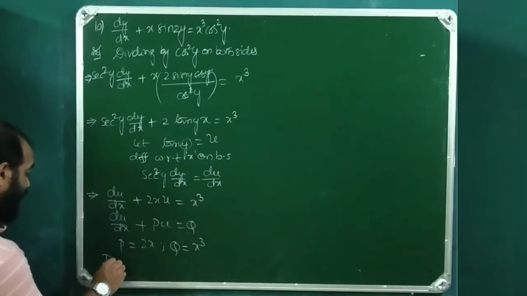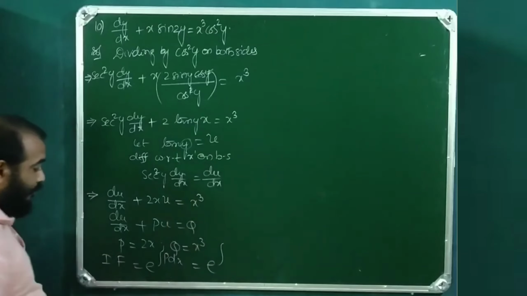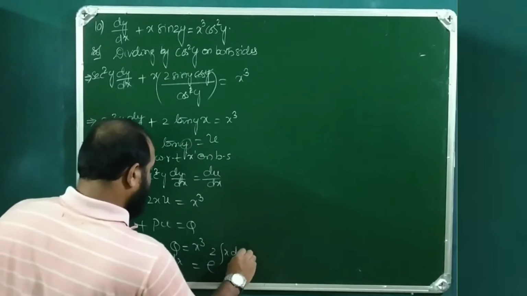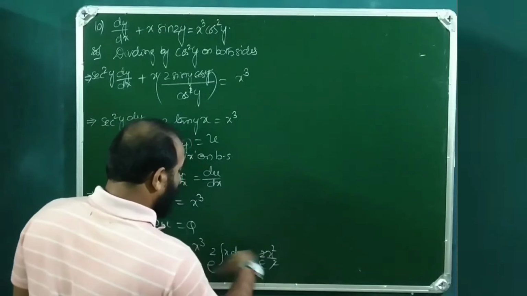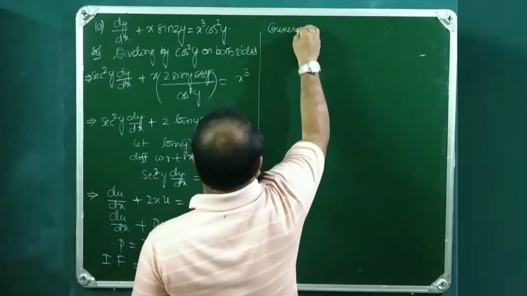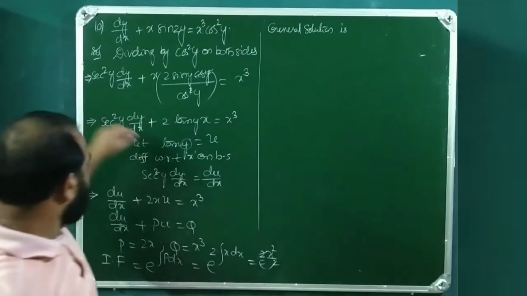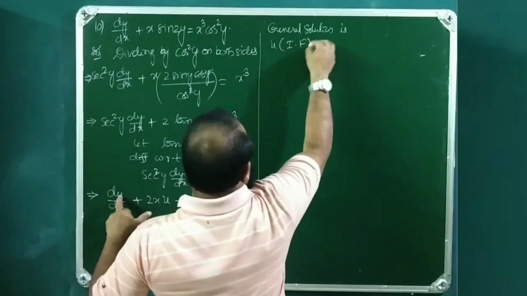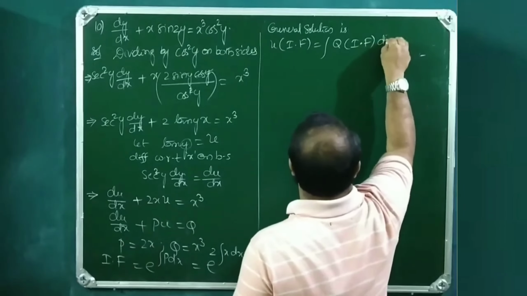Therefore the integrating factor is e power integral p dx. E power integral of 2x, so 2 into integral x dx is x square by 2. 2 gets cancelled. Now the general solution is, start with the u here. U into integrating factor is equal to integral q into integrating factor into dx.